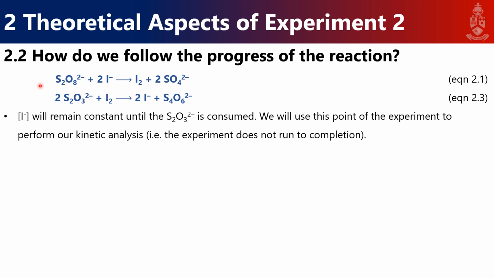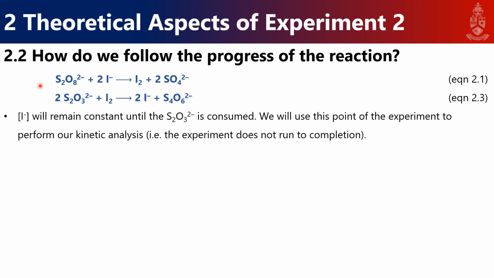Because I add the same amount of thiosulfate to all my reaction mixtures, I am going to measure the color change almost as a yardstick. So all my experiments will run to the same extent until the color change, and that is the time that you will measure.